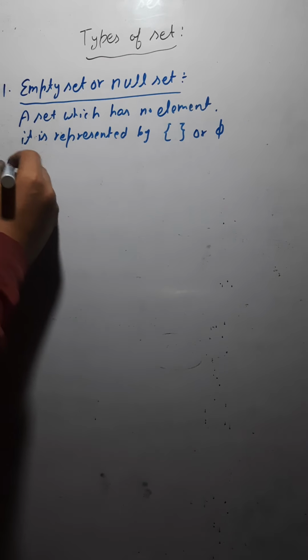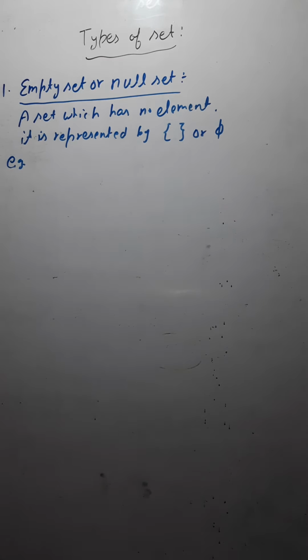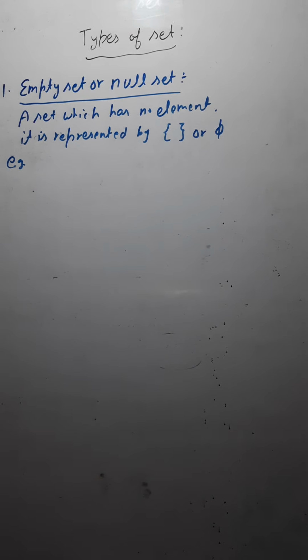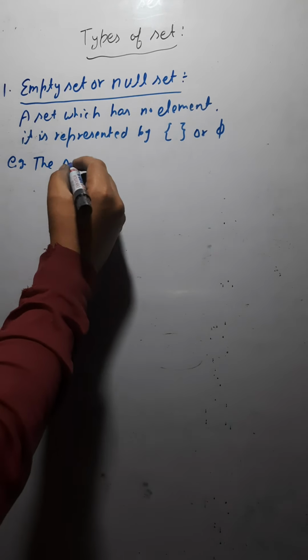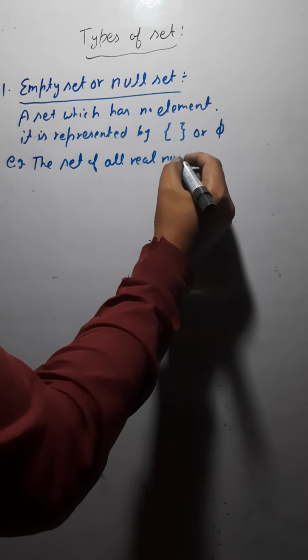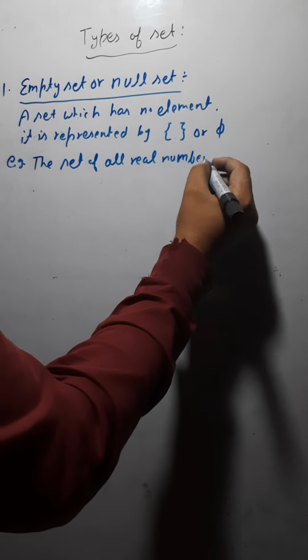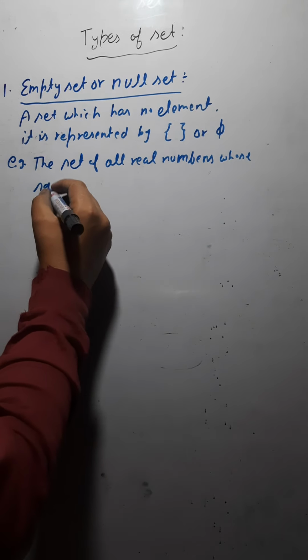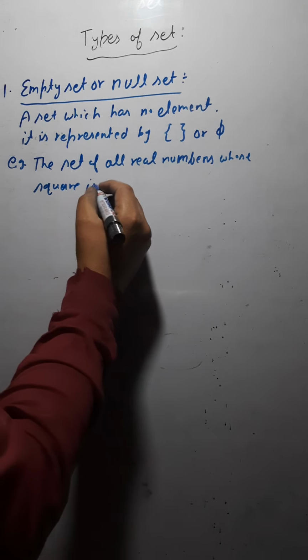So can you give me an example here? If I ask you, the set of all real numbers whose square is -1, is it possible?